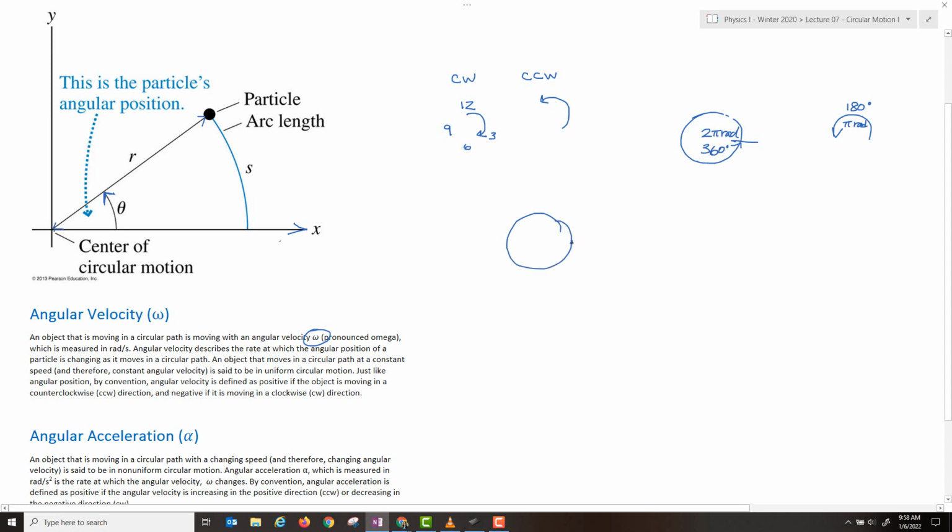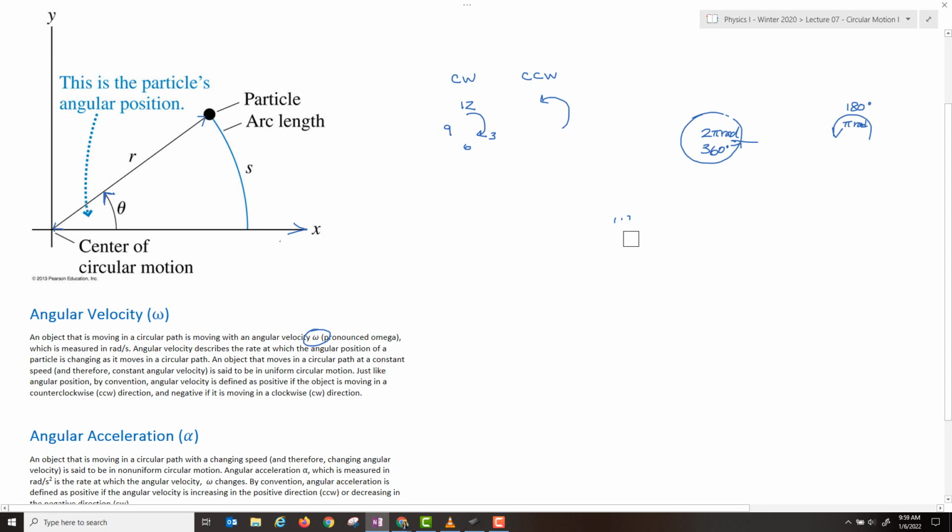So the velocity over here is a certain value, but it's going, let's say, up, whereas at this point, the object is moving in a different direction. So even though the speed is constant, the direction keeps changing. So the angular velocity would be constant, the speed would be constant, but the velocity would not be constant. It would be changing because the direction keeps changing.